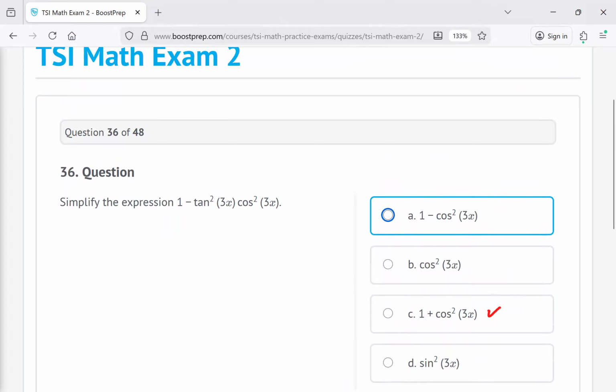Okay, this one: simplify the expression 1 minus tan squared of 3x times cosine squared of 3x. So this one you kind of need to know your Pythagorean identities. There's 3 of them, right?